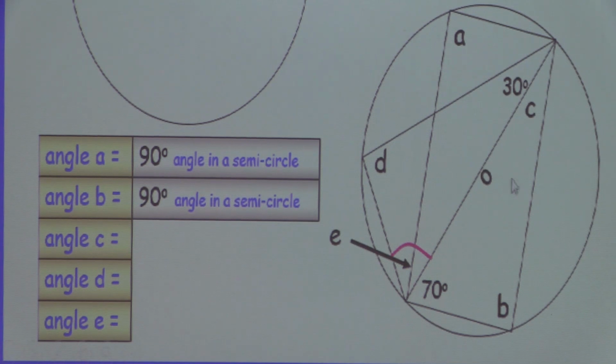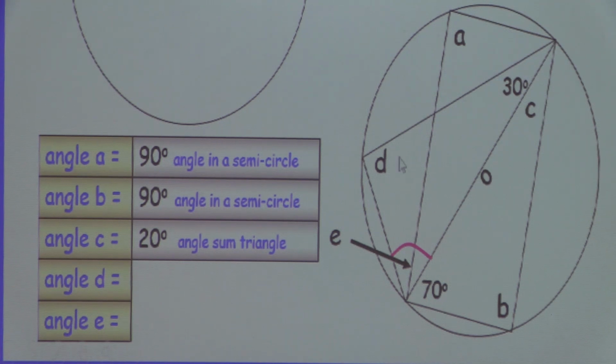So this is 70, so definitely that has to be 20. So 20 plus 70 is 90, plus this 90 will be 180. The sum of interior angles of a triangle is 180. If we've got 70, we've got 90, we are short of 20 to have 180. So the value of C here will be 20 degrees. It has to be 20 degrees. The sum of interior angles of a triangle.